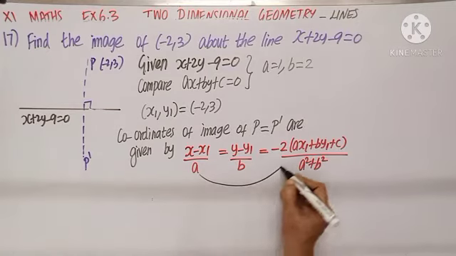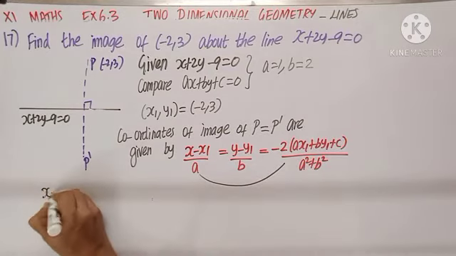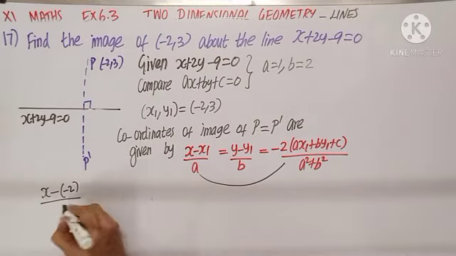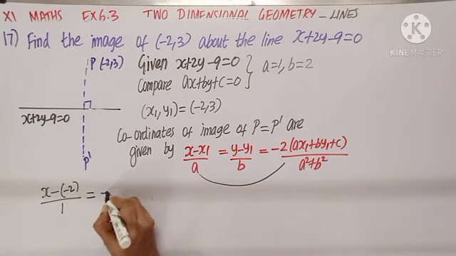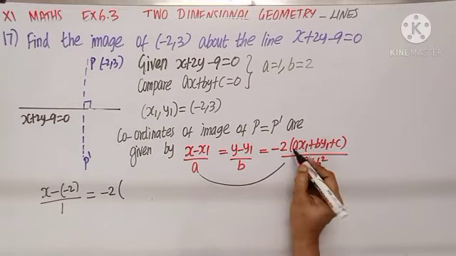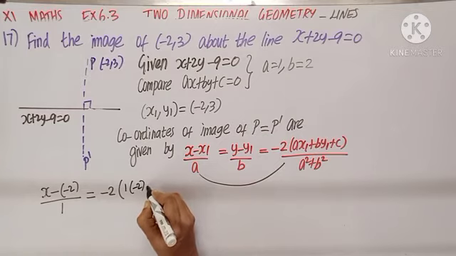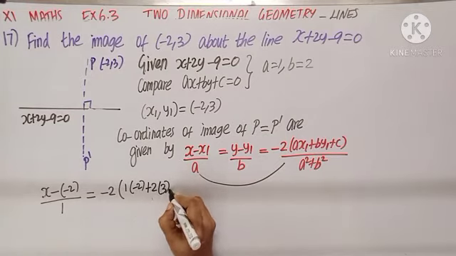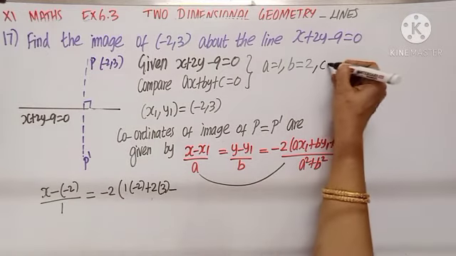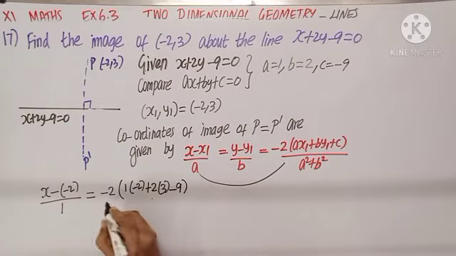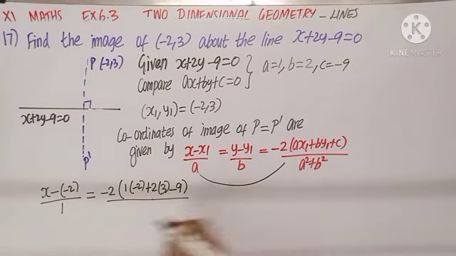Comparing these two, x minus x1 over a, which is x plus 2 over 1, equals minus 2 into (a x1 plus b y1 plus c), that is 1 into minus 2 plus 2 into 3 plus c, that is minus 9, divided by a square plus b square, 1 square plus 2 square.